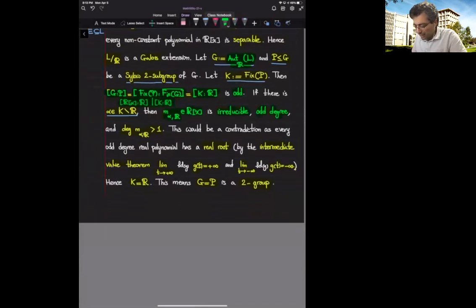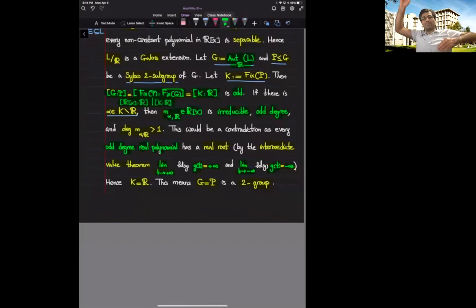When I give you an odd degree real polynomial, then I can let t, my variable, go to plus infinity, and if the leading coefficient is a positive number, then g of t goes to plus infinity. And when I let t go to negative infinity, when the leading coefficient is positive, g of t goes to negative infinity. Now I can use the intermediate value theorem.